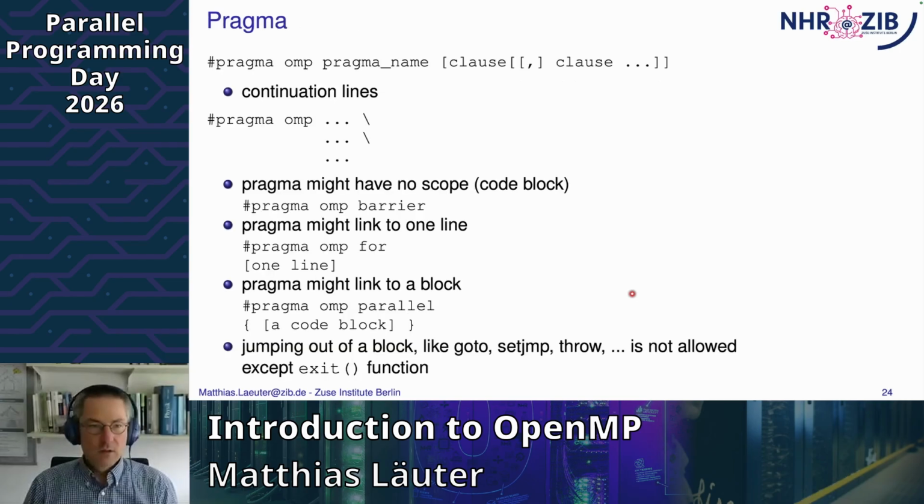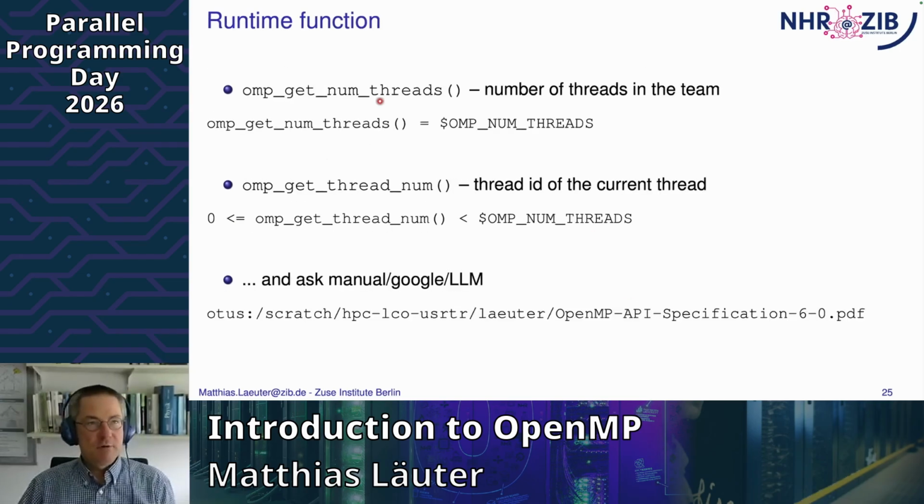Okay. An example for a runtime function is omp_get_num_threads. This is the function which tells you how many threads you have available. And of course, if I have asked via an environment variable for 2 threads, the result will be, yes, you have 2 threads. Great.